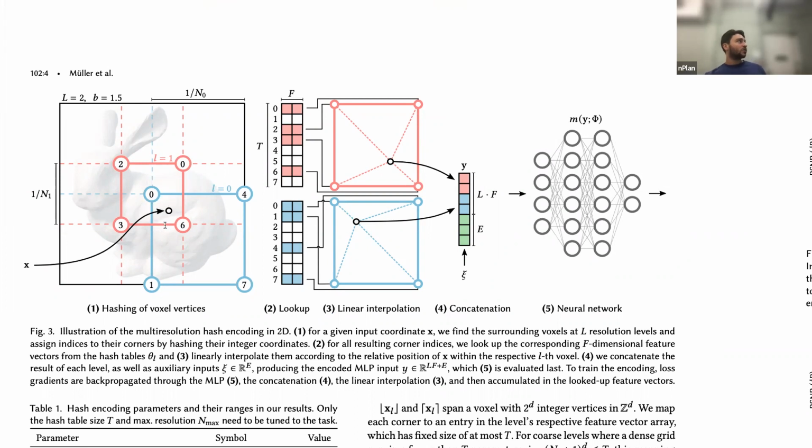So you floor and ceiling the position in an image or in a scene that you want to figure out the property for, and you get 4 corners, which are in this case, in the blue one, 0, 4, 1, 7. You take that position information and you feed it through a hash function, and it's going to give you an index in that hash table, which is in this case 0 to 7.